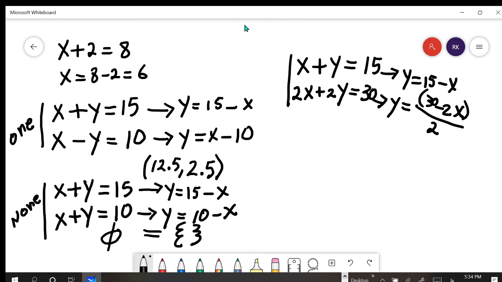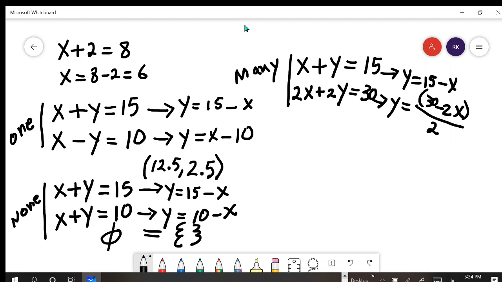So this system has many solutions. So one, none, or many. All systems of equations have either one single solution, none, or many. In this case, it has many.